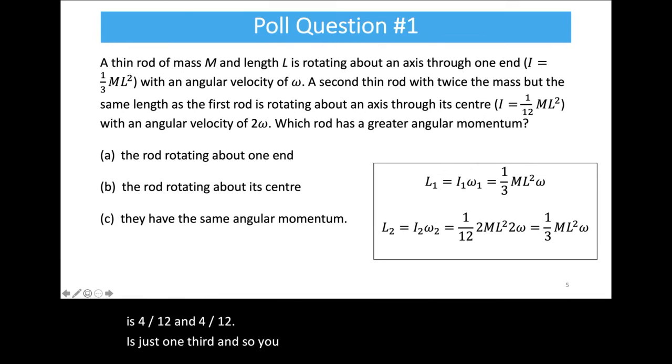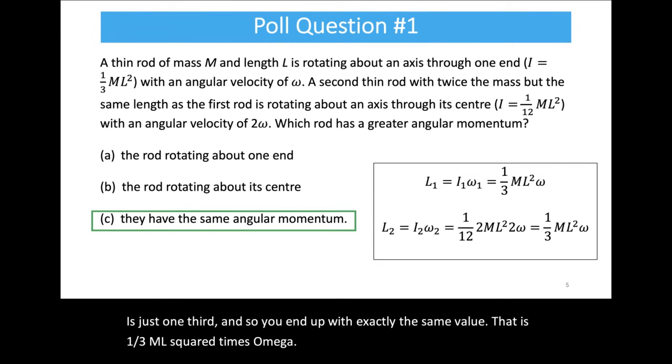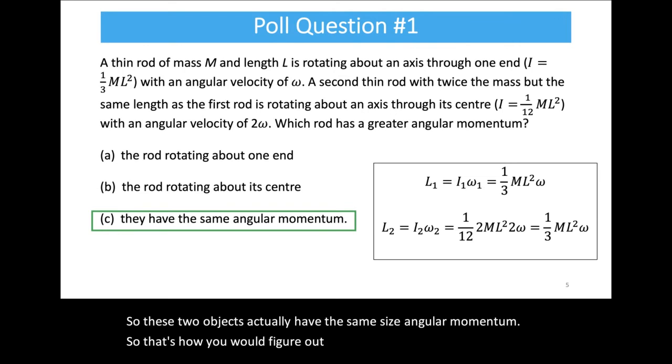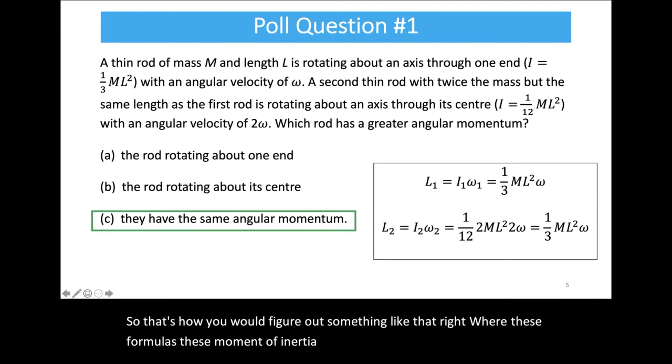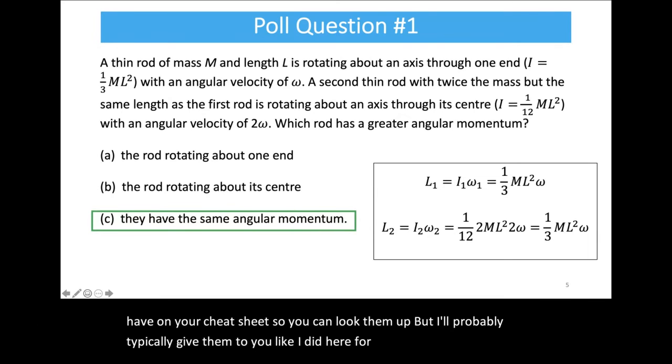You end up with exactly the same value, that is 1/3 ml squared times omega. So these two objects have the same size angular momentum. That's how you would figure out something like that. These moment of inertia formulas are things you should have on your cheat sheet so you can look them up, but I'll probably typically give them to you like I did here for a test.